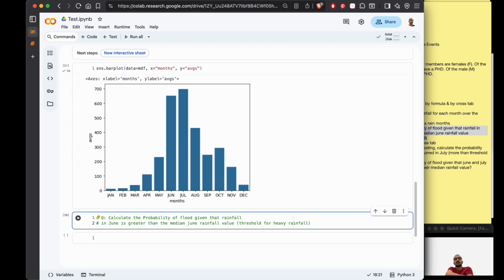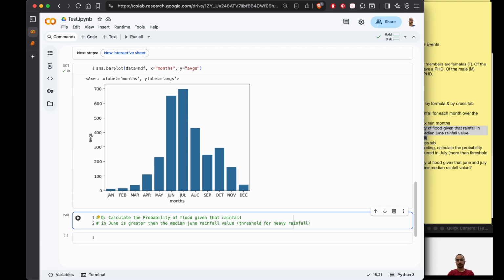So we'll have to somehow distinguish between heavy rainfall and not heavy rainfall, and that we can actually distinguish based on the median.